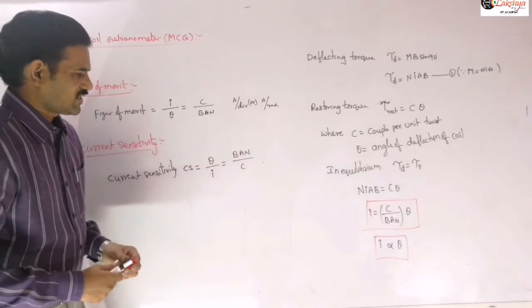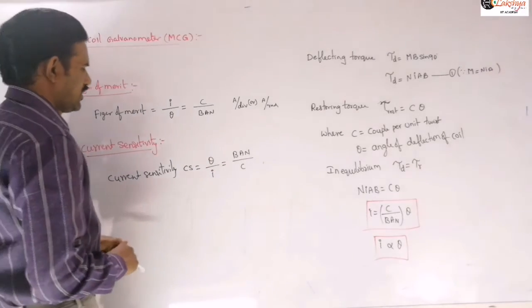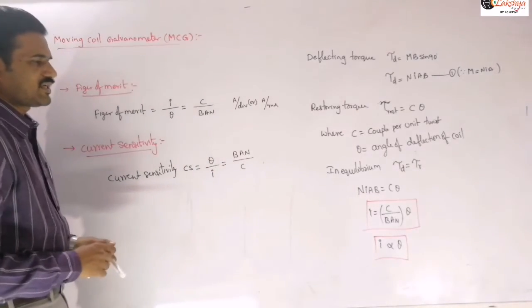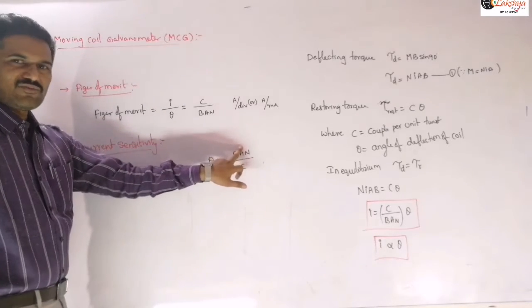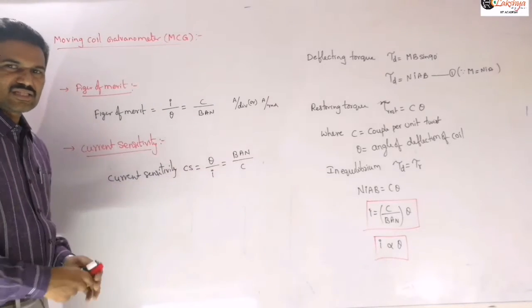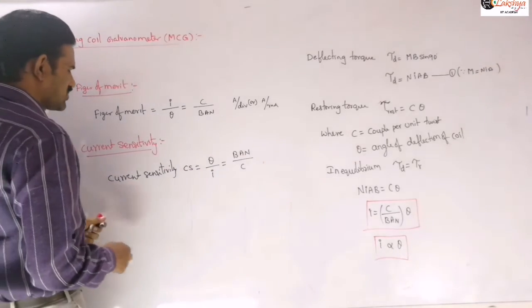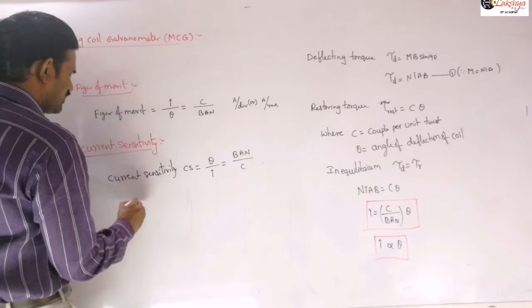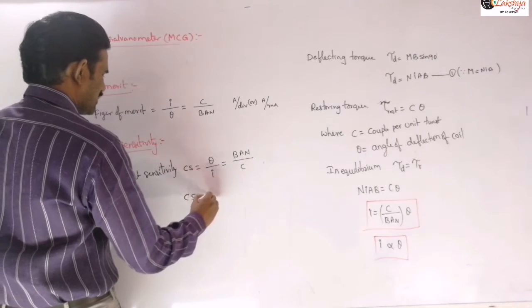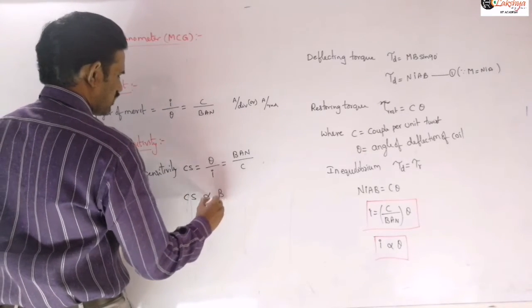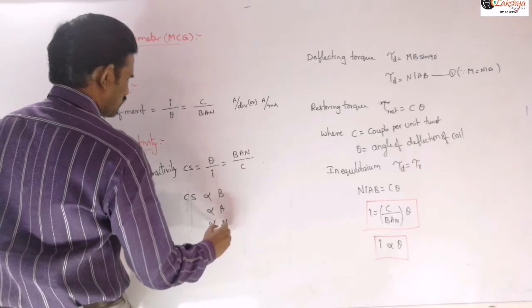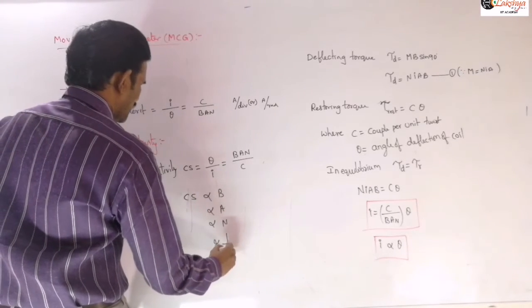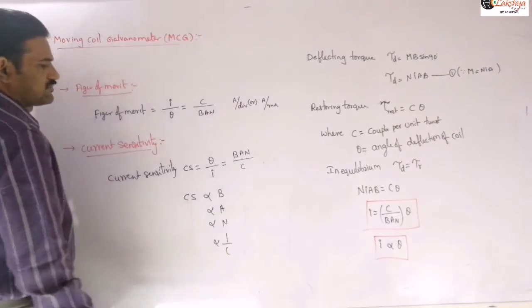And note these expressions. The current sensitivity can be increased by increasing the B value, the A value and the N value, and by decreasing the C value, right? So mention that proportionality: current sensitivity Cs is directly proportional to B, A and N, and inversely proportional to C.